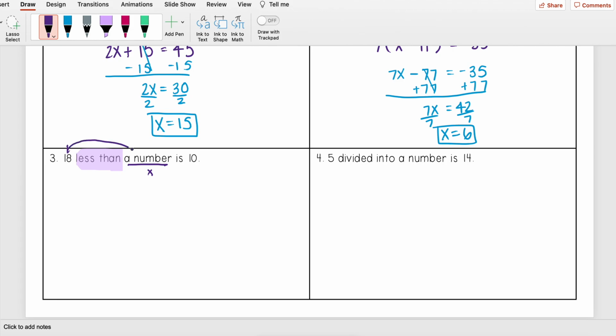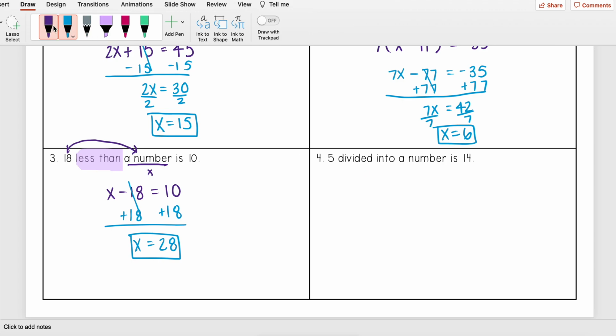So instead of having 18 minus x, I'm going to have x minus 18 is equal to 10. So always look out for those flipping words because we're actually going to be flipping places across that computation. And then to solve this, I add 18 to both sides, and I get that x is equal to 28.